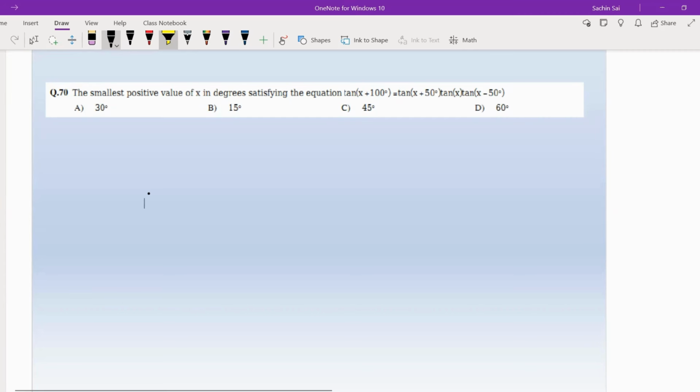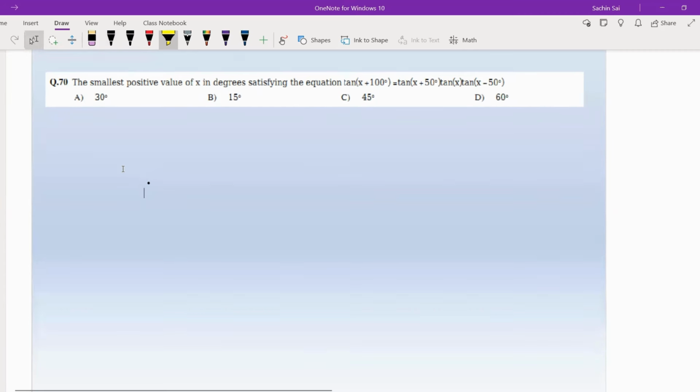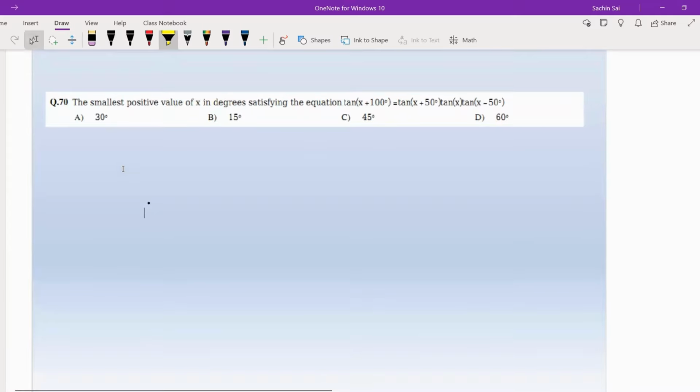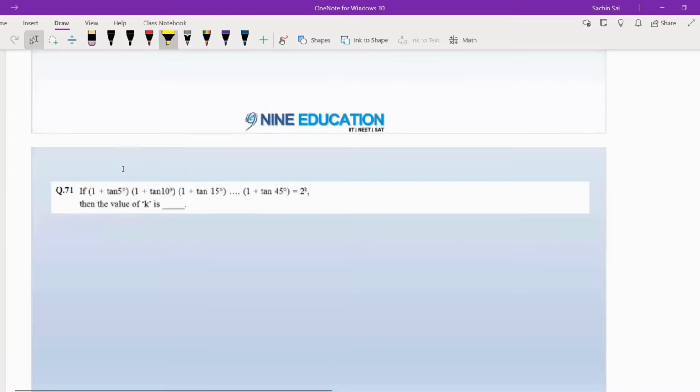All right, we'll come back to this question in a moment because I'm trying to look for something that does not involve checking with the options.